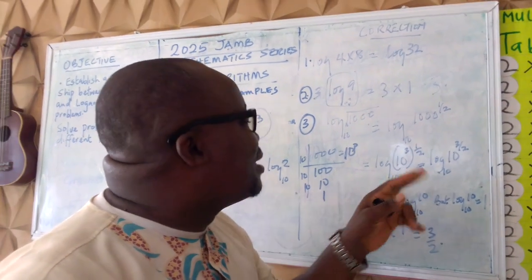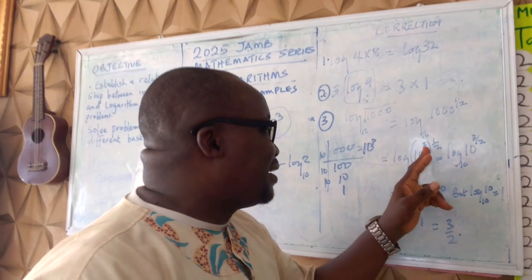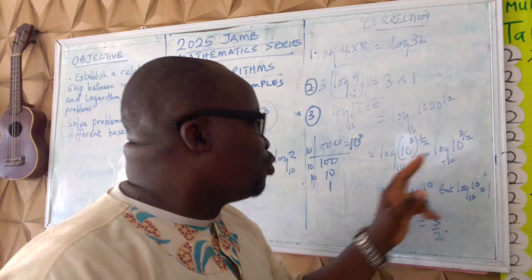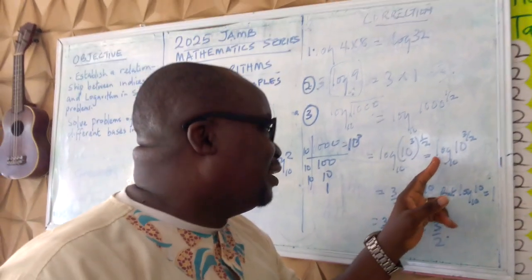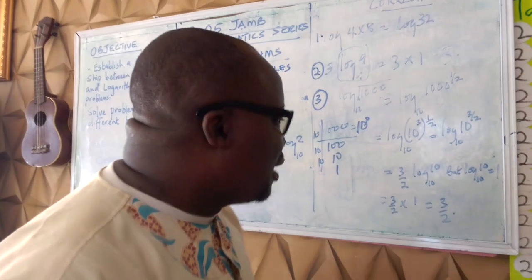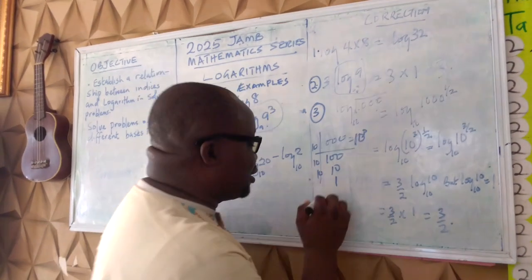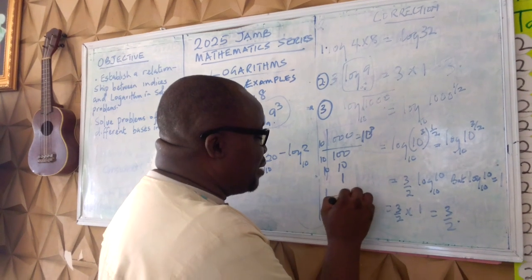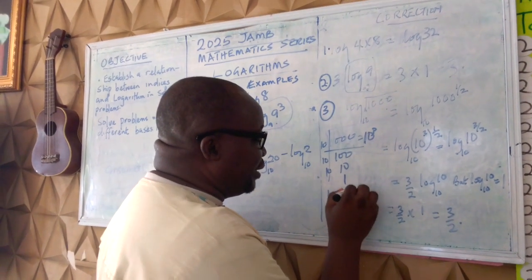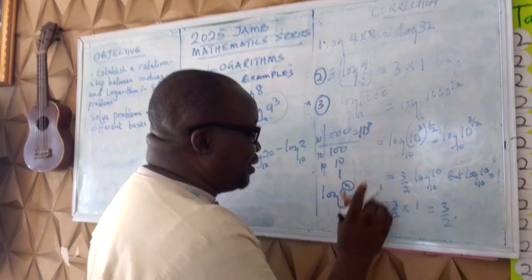From the product rule of indices, when we open these brackets, 1 times 3 divided by 2. So that same expression also means the logarithm of 10 raised to the power 3 over 2, base 10. And from the other law of logarithms, the log of a number raised to a power, the index comes outside.